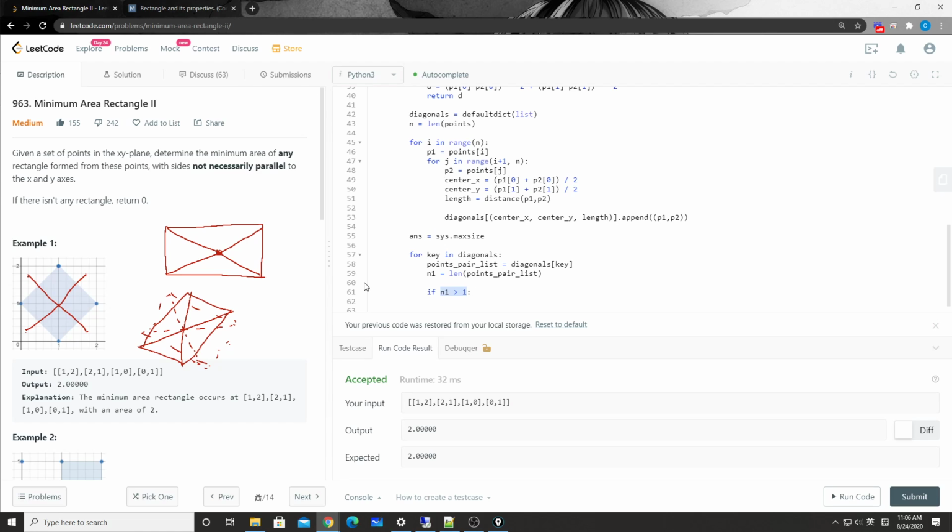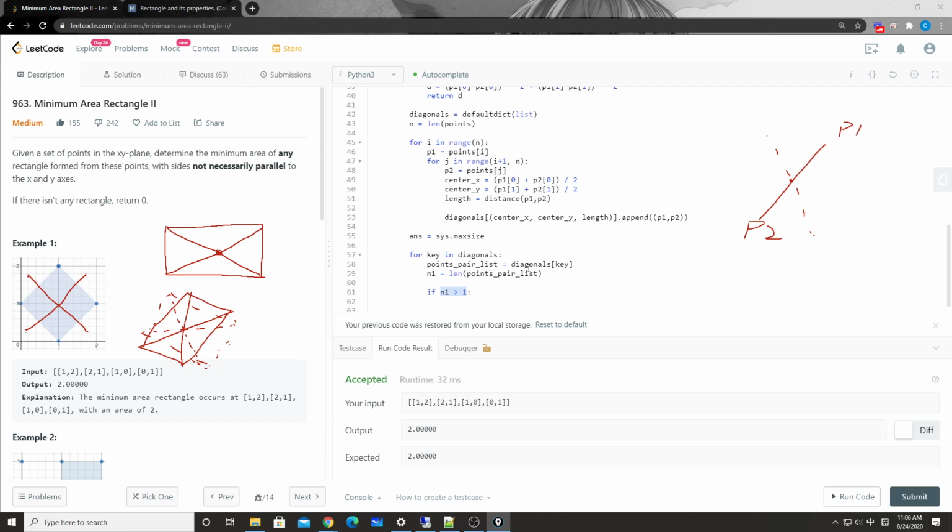Because let's say there's only one pair with the same diagonal key here, it means that there's only P1 and P2 here, right? So there isn't any other points that can help P1 and P2 form the rectangle here.